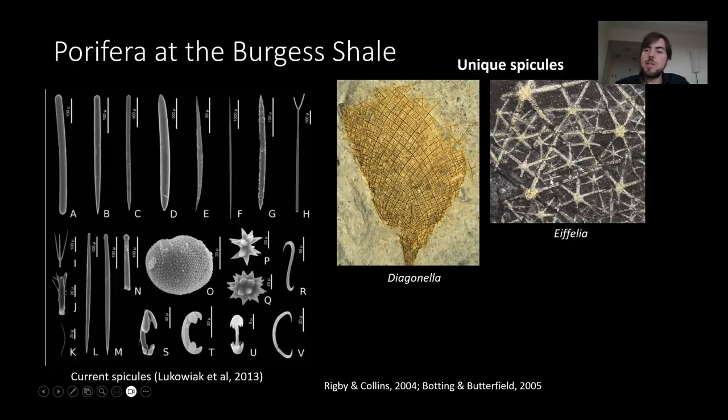And then we also have the spicules of Eiffelia. These are very interesting spicules because nowadays most spicules can be classified as calcareous or siliceous. So they're made out of calcium carbonate, or they are made out of silica. But in Eiffelia, we have basically a core made out of silica and then an outer layer of calcium.